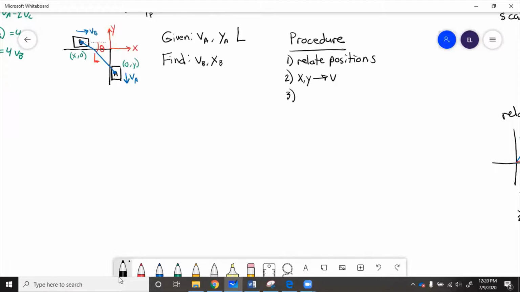And then step three, relate velocities. Okay, so figuring out what these relationships are. So first, relate positions.